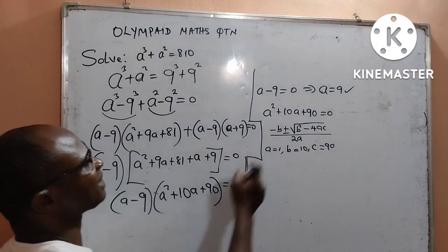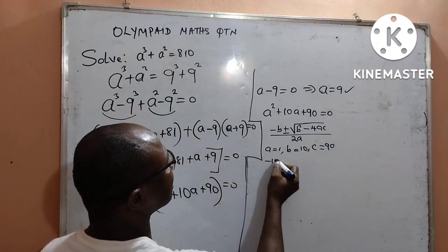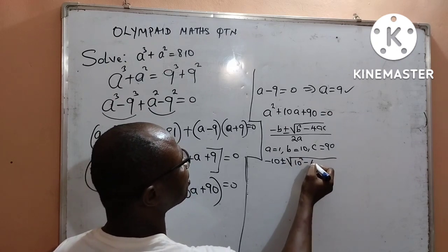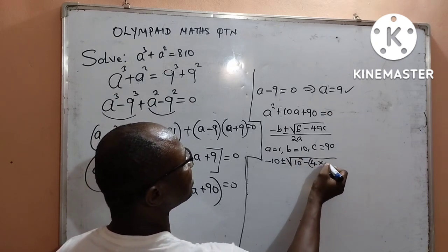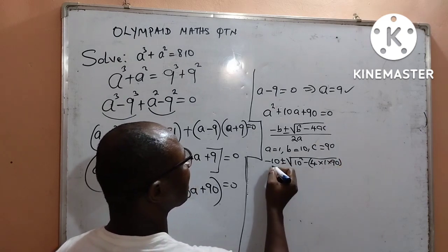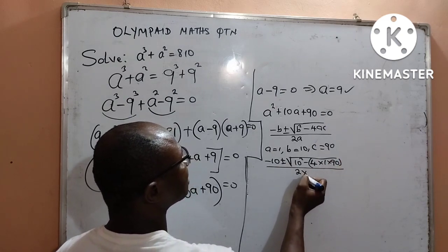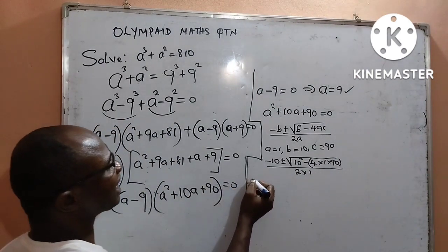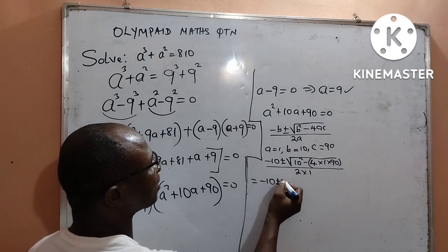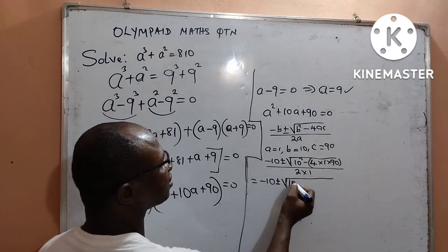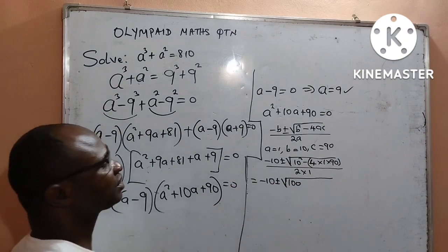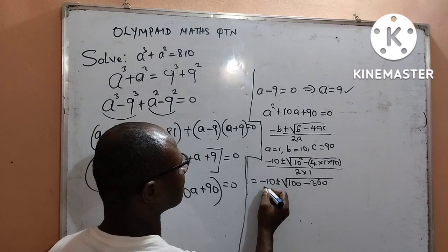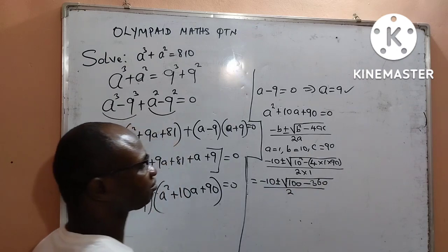Substituting into the quadratic formula, I shall have minus 10 plus or minus square root of 10 raised to the power 2 minus 4 times 1 times 90, everything divided by 2 times a, and a is 1. Moving forward, I shall have minus 10 plus or minus 100, that is 10 raised to the power 2, minus 4 times 1 times 90, which will give me 360, everything all over 2.